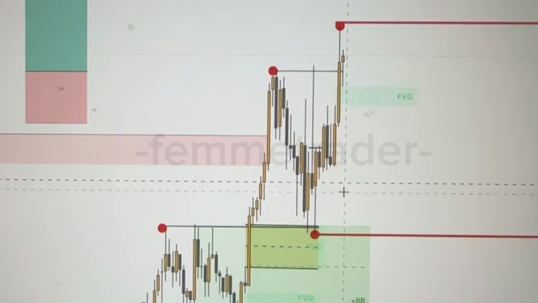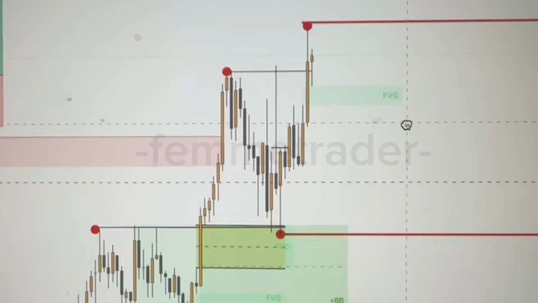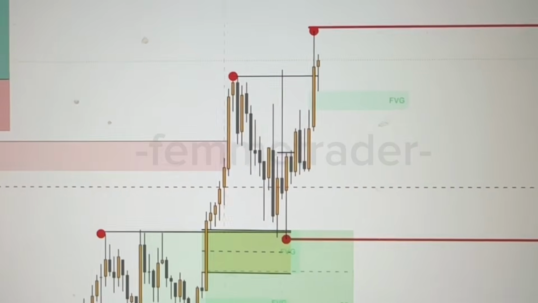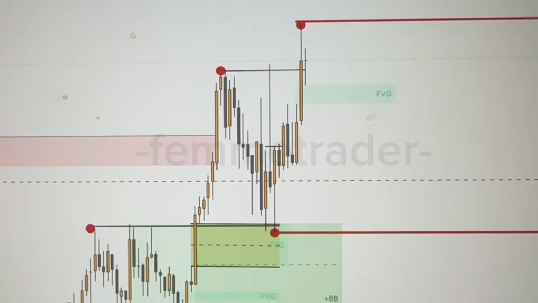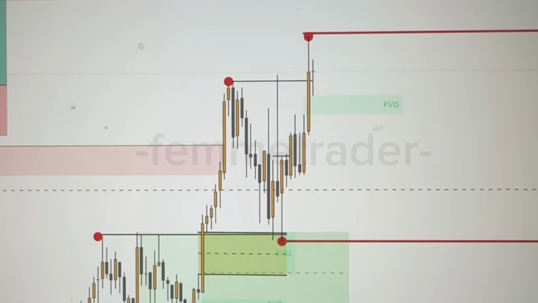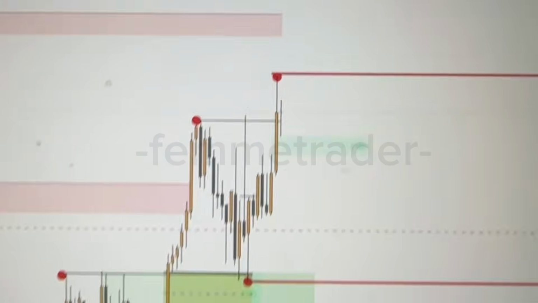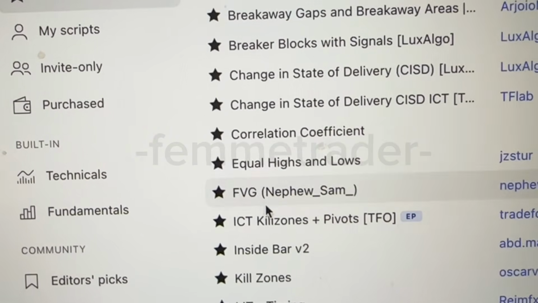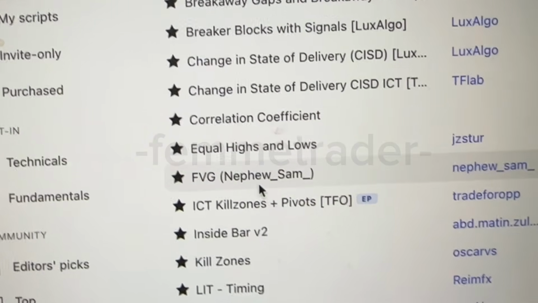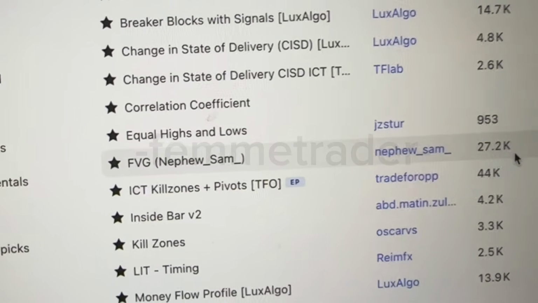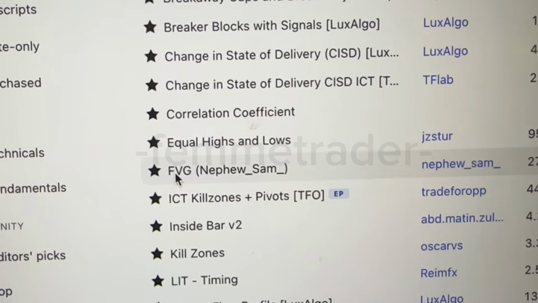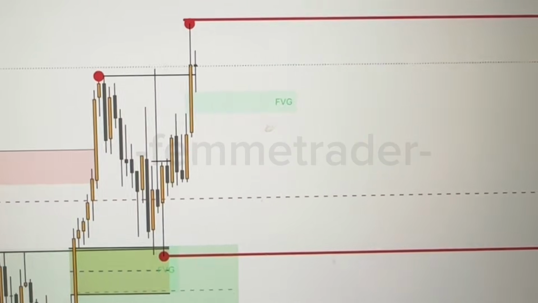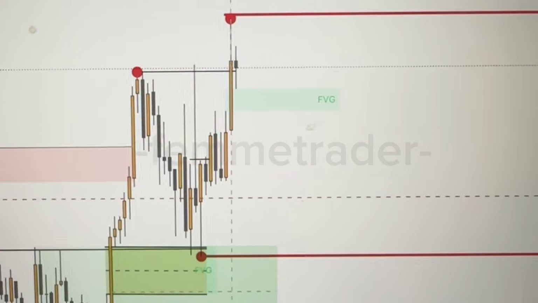So here what you can do is look for the FVG. The way to get easy access to FVG is to use the indicator. I've already favorited mine, it is called FVG New Nephew. That's the indicator I use for my FVG, and automatically it shows me where the FVG is.